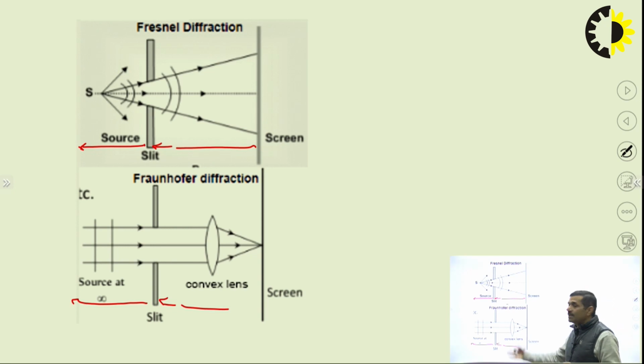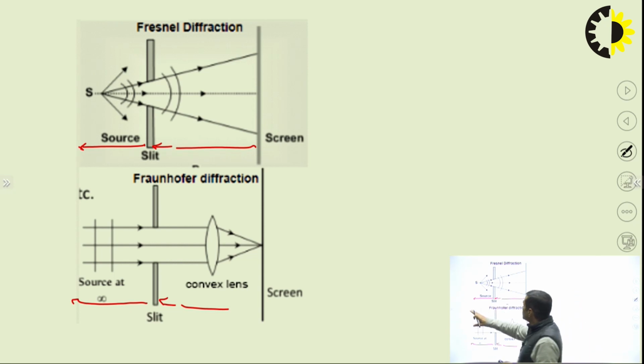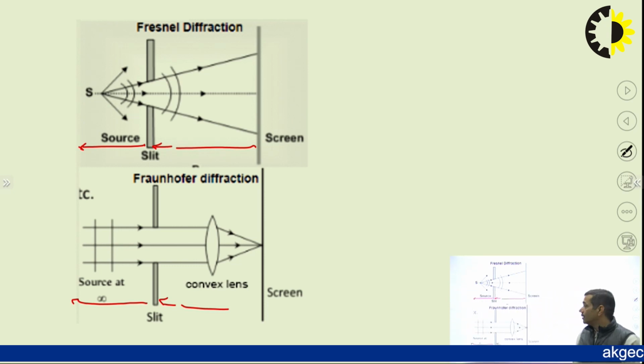So this is the basic difference between Fresnel and Fraunhofer diffraction. Again I repeat, in Fresnel diffraction, light source and screen are at finite distances, and in Fraunhofer diffraction, screen and light source are at long distances, roughly infinite.